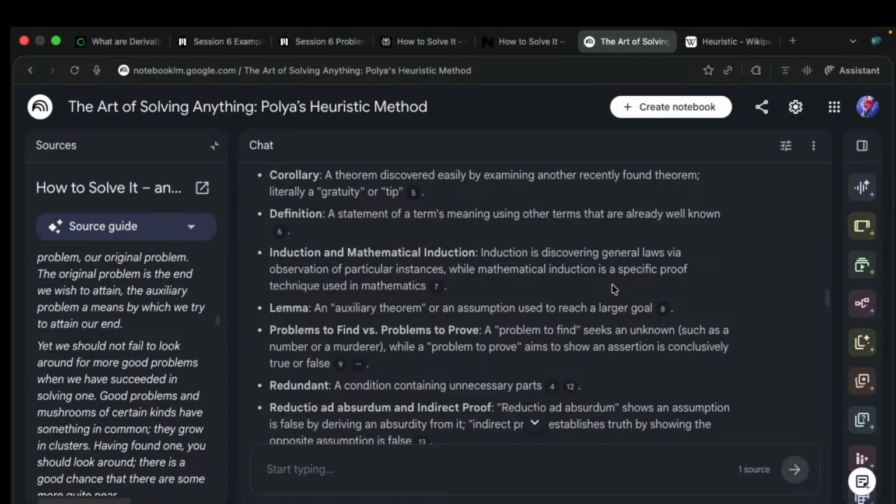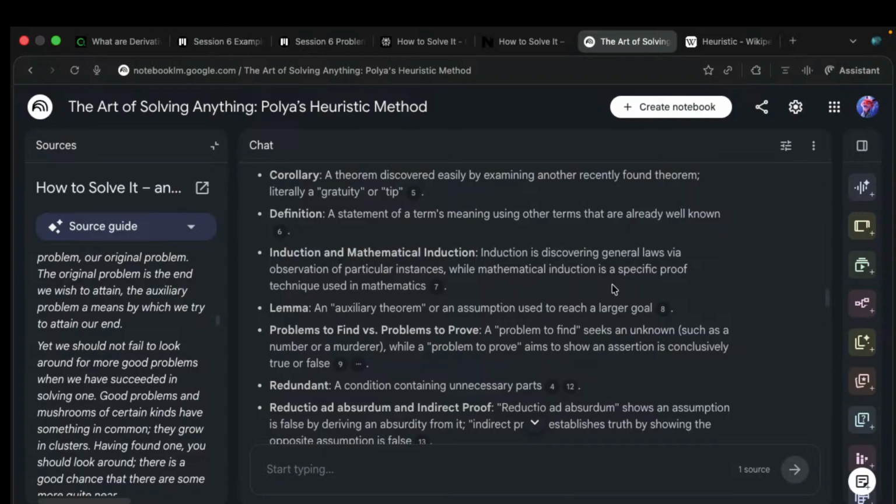So, problems to find versus problems to prove. A problem to find seeks an unknown, whereas a problem to prove aims to show an assertion is conclusively true or false. Yeah, makes sense.